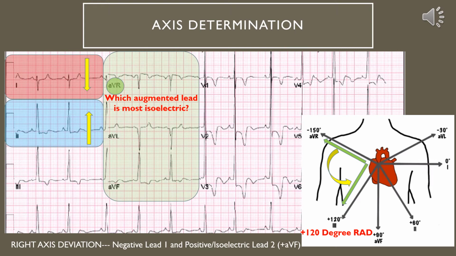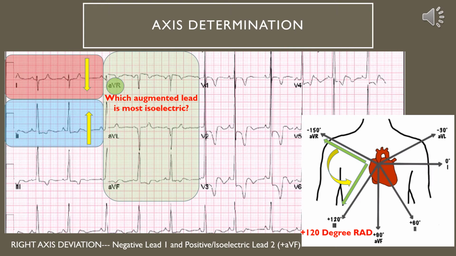So to determine right axis deviation, look for the most isoelectric augmented lead, and 90 degrees from that isoelectric lead is approximately where we're looking at a right axis deviation. Okay, it would be labeled positive 120 degree right axis deviation.